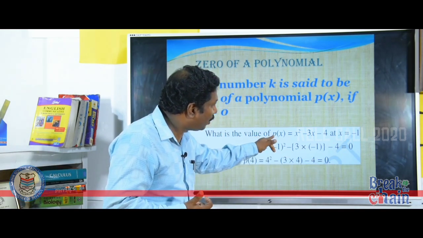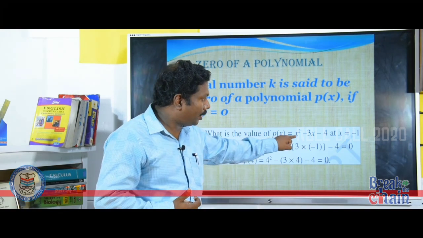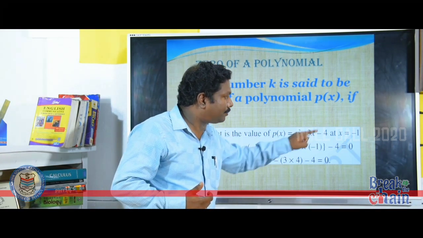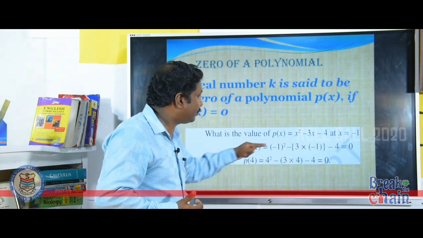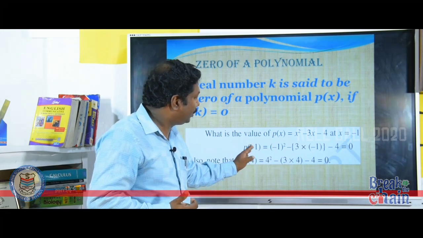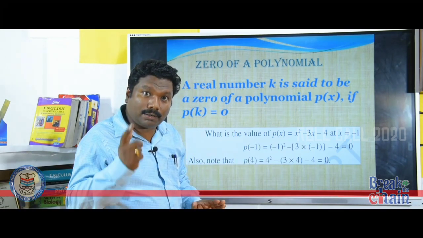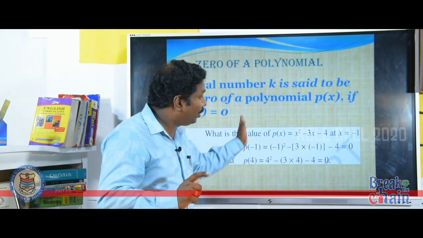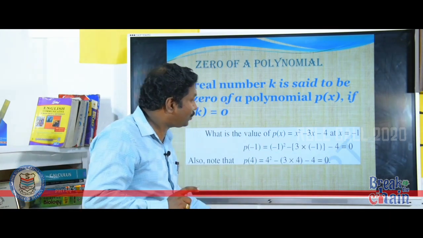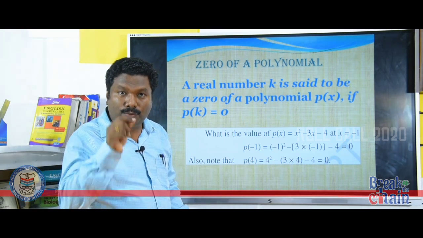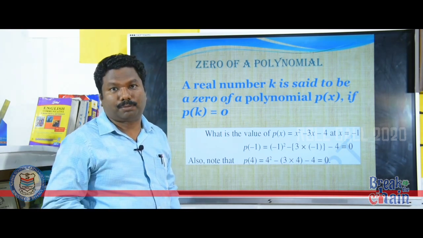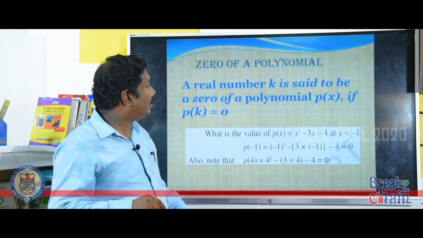The given polynomial was P of x equals x square minus 3x minus 4. At x is equal to minus 1 and x is equal to 4, the values are 0. That means the particular values at which this polynomial vanishes are called zeros of that polynomial.